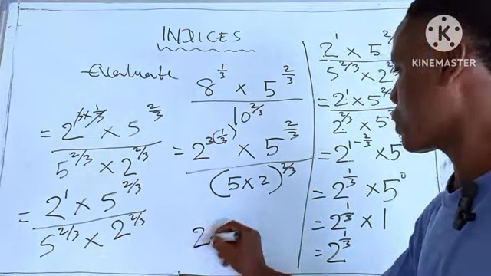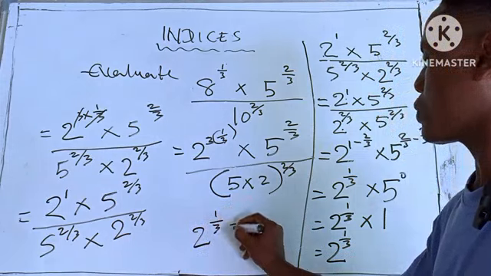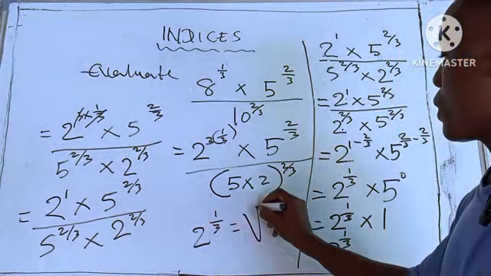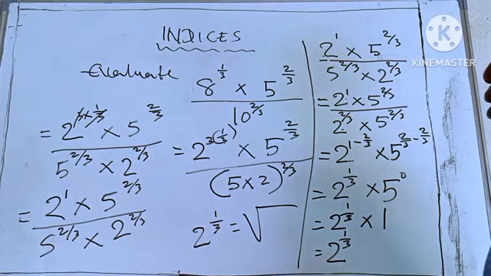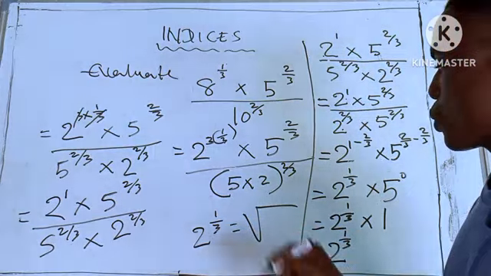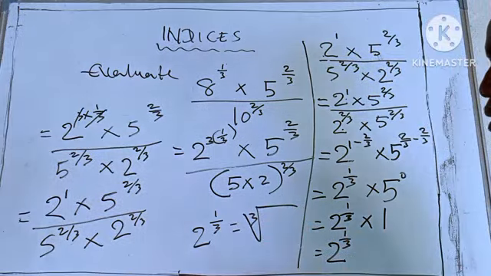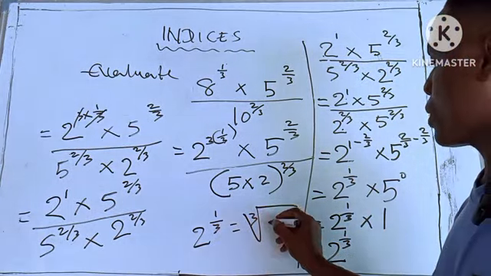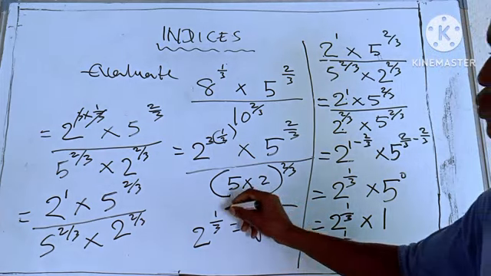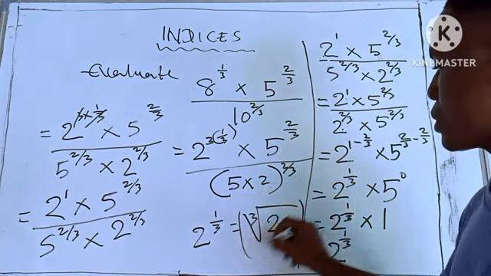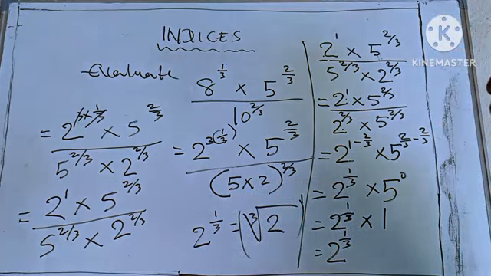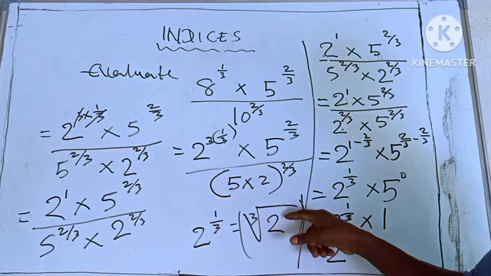So we have 2 raised to power 1 all over 3, right? So meaning we will draw our root sign, then the denominator will be outside, right? 3. Then the whole number will be here. This one, you can put it, it's still the same thing. But this one is affecting only this one inside.